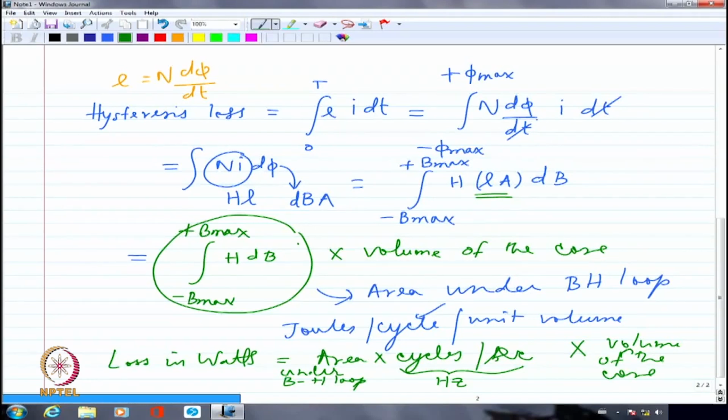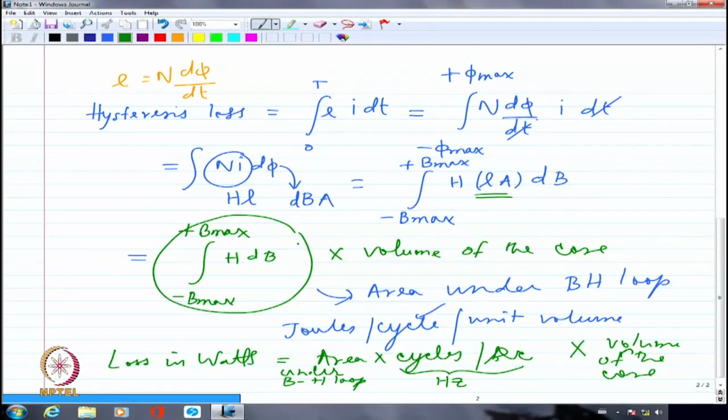For example, if I have a lot of iron filings, powdered iron, and deposit it into a non-magnetic hollow core, all of them would have lost their domains already because you have powdered them.